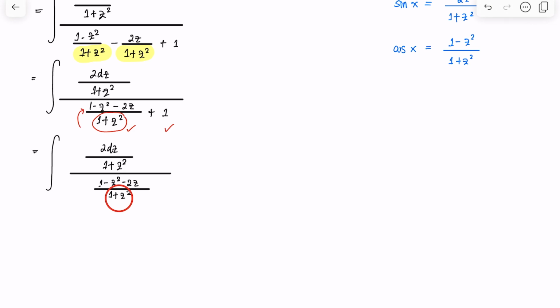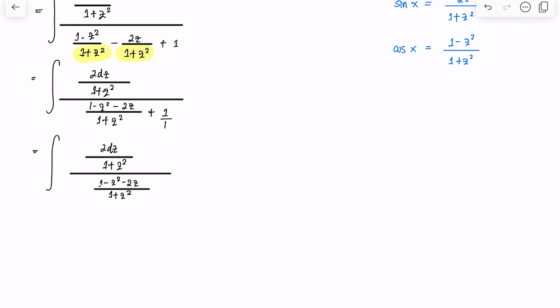That's why 1 plus z squared divided by 1 plus z squared is just 1. You multiply it by everything on the numerator, which is 1 minus z squared minus 2z. I'm just going to take that out. And you do the same thing: 1 plus z squared divided by, of course, this is understood to have 1 over here.